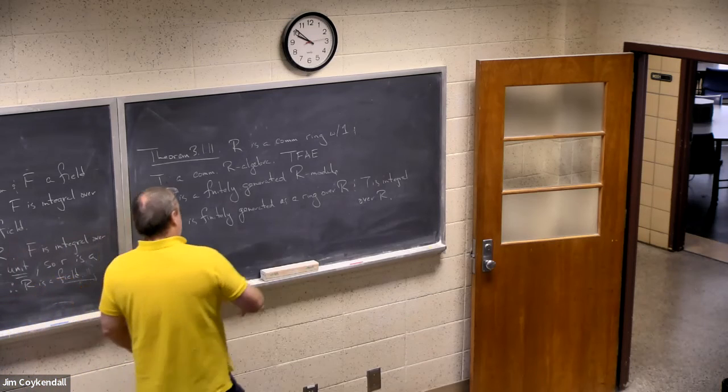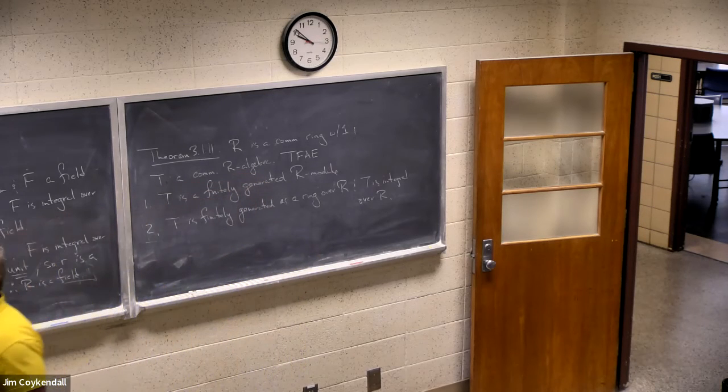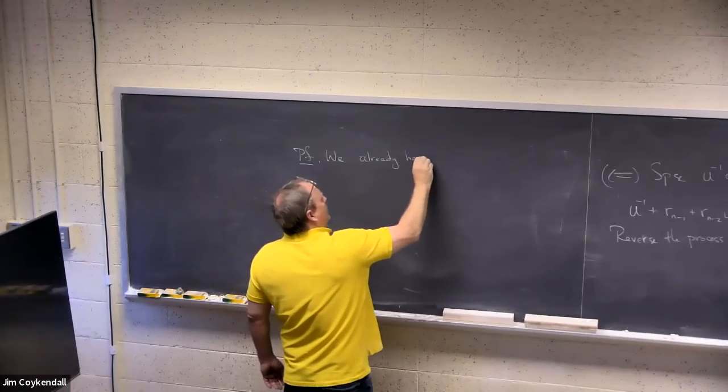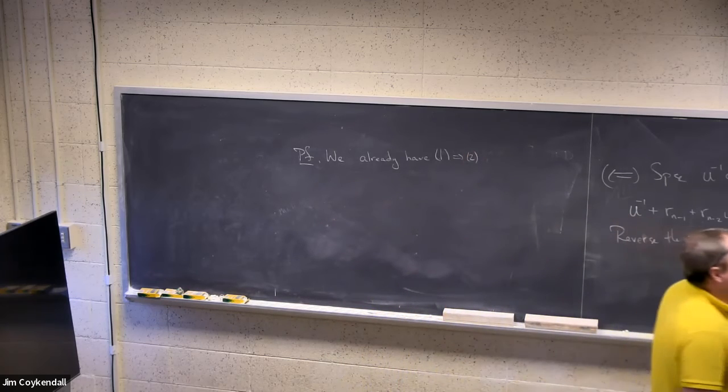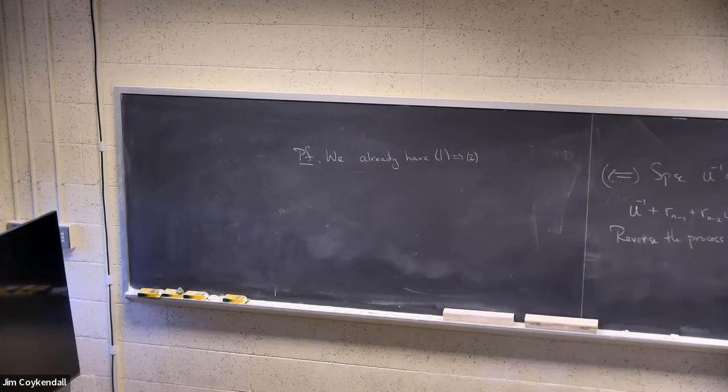So let's take a look at the proof of this. We already have one direction from class back in the day, because if T is a finitely generated R module, then certainly those generators generate T as a ring, and integrality follows because all of T is a finitely generated module.